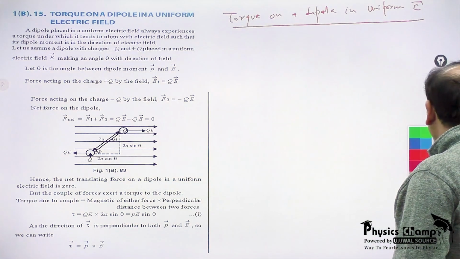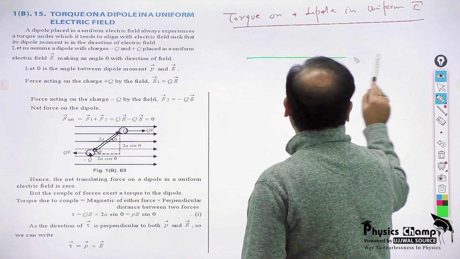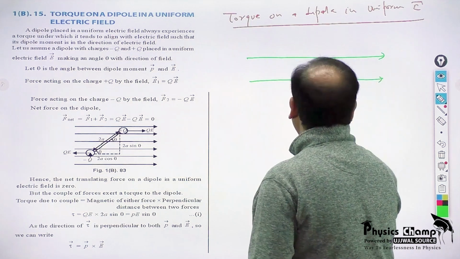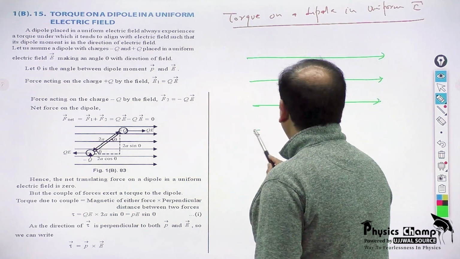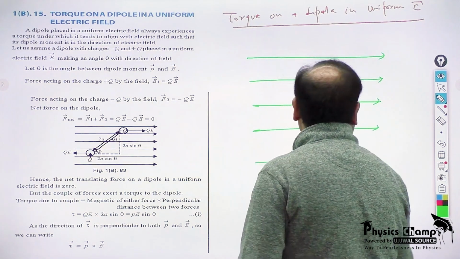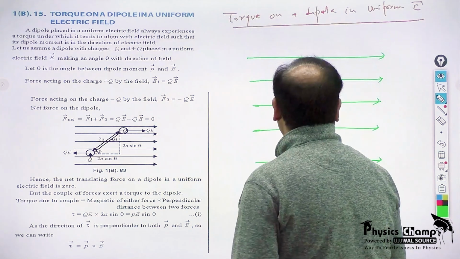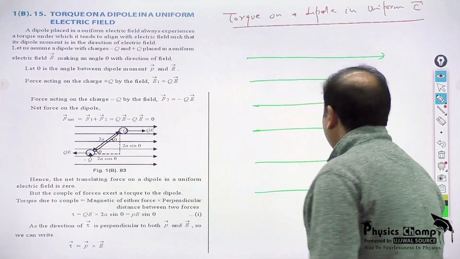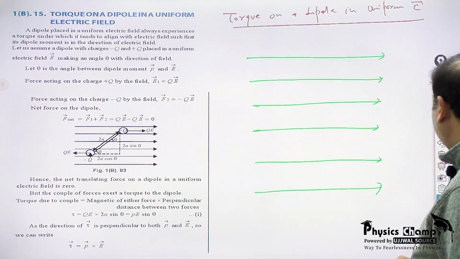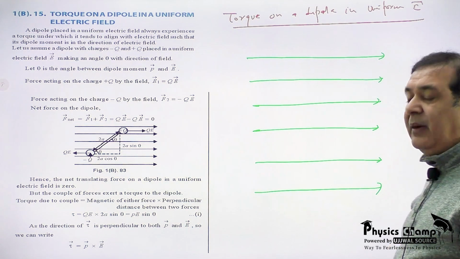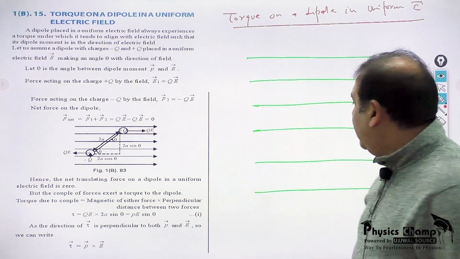Assume there is a uniform electric field. You know, uniform electric field is described by parallel lines, equispaced and in the same direction. So there is a uniform electric field, and in this uniform electric field, I am keeping a dipole.